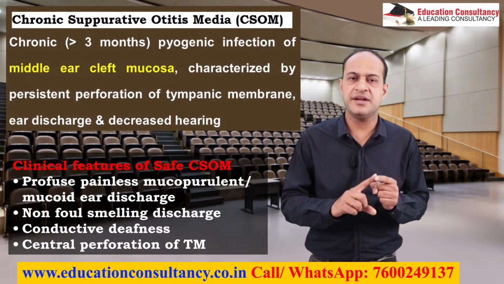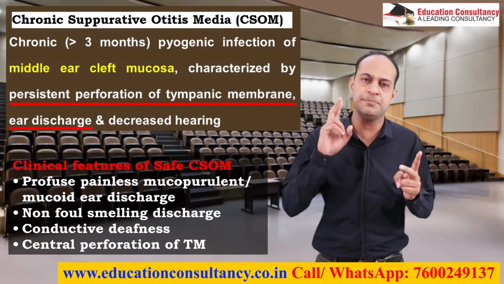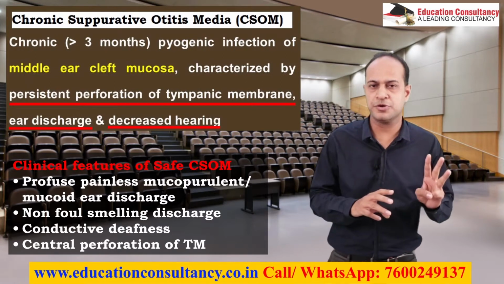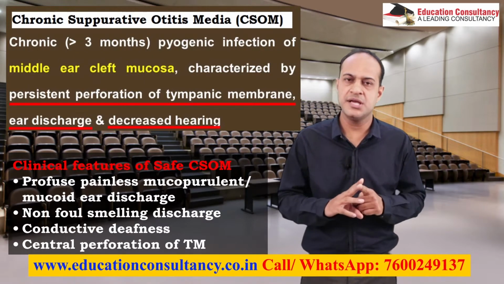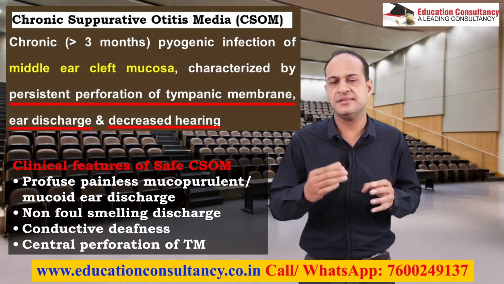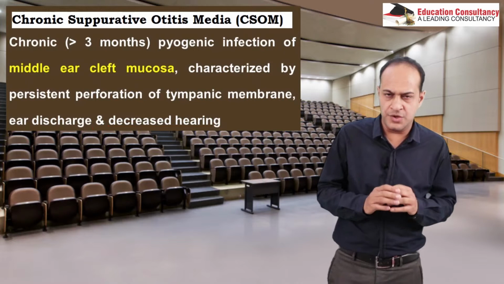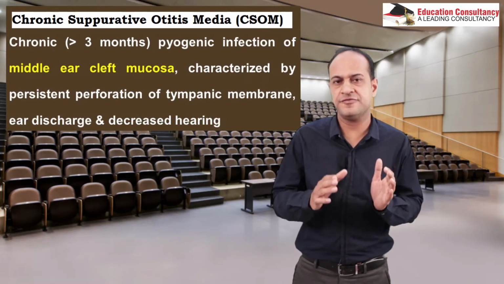The patient should have recurrent ear discharge, a permanent perforation, and reduced hearing. So three important points: a permanent perforation in the tympanic membrane, reduced hearing, and the disease has started after episodes of acute suppurative otitis media. So this is the basic understanding of safe CSOM.